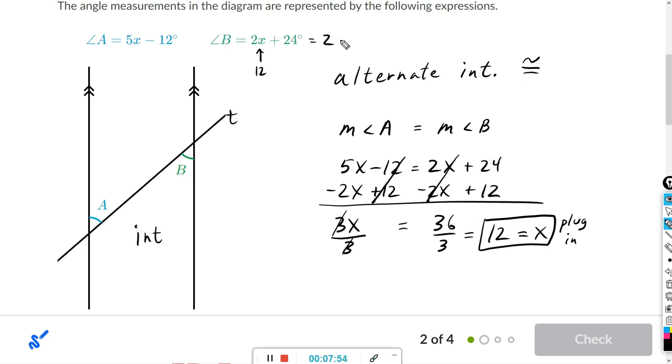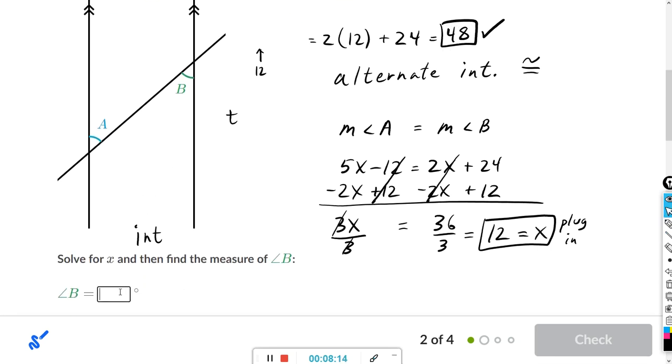So that's going to be 2 times 12 plus 24. And that equals 48. Final answer, and you just enter that in the box.